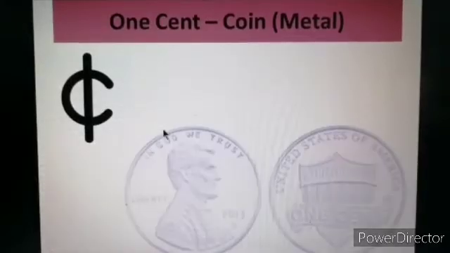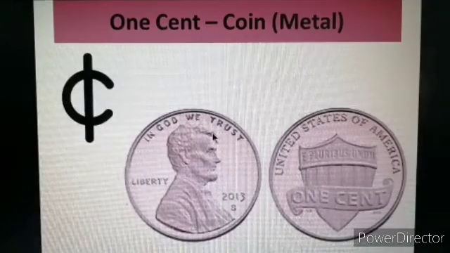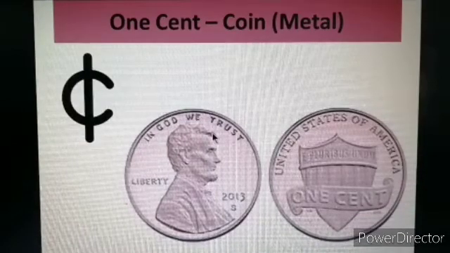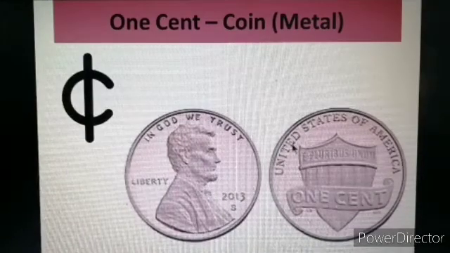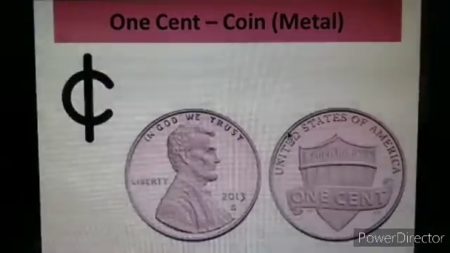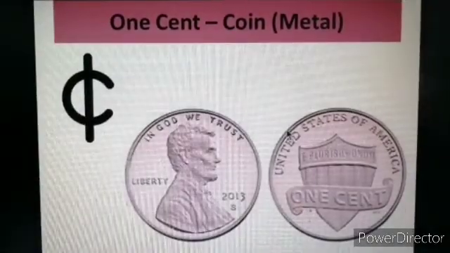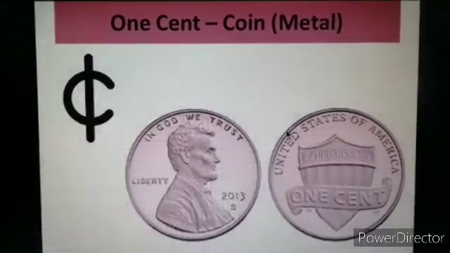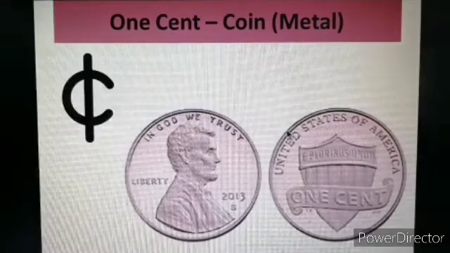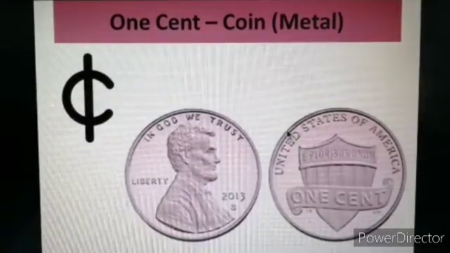There are two sides. One side is the head where there is a picture, and on the other side it is written 1 cent. This is 1 cent coin and the symbol of cent is C with a line above it.